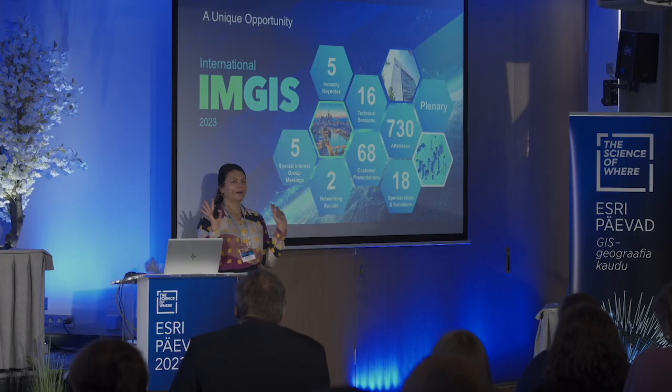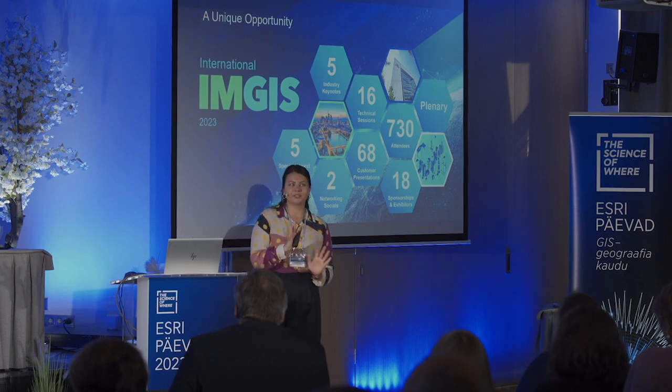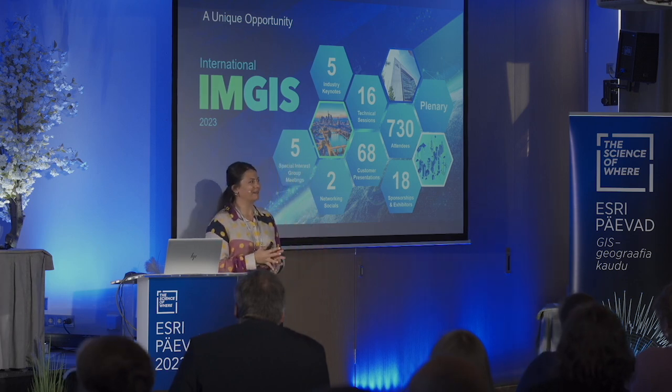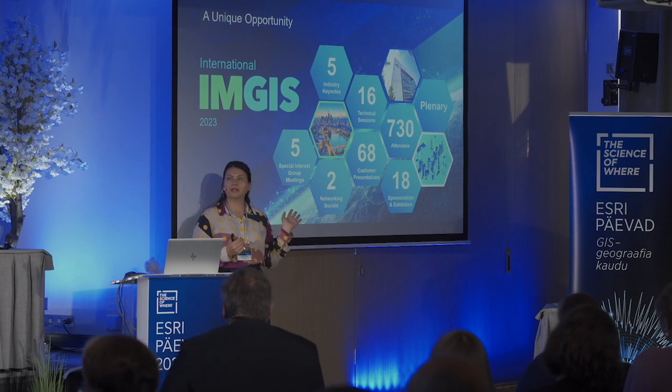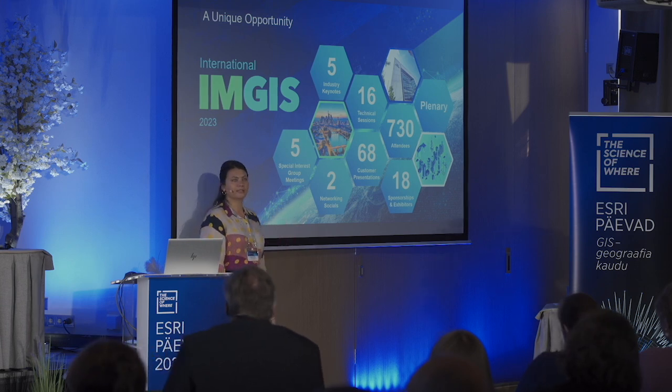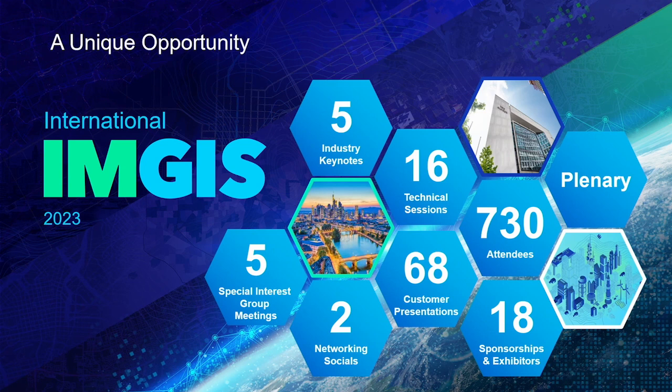Now I want to do a little promotion. Last week, we were at the International IMGIS conference. This is the first conference that took place in Europe from the Esri infrastructure management standpoint. We usually have this event in Palm Springs in the US, but this year we recognized that there are so many users in Europe who can benefit that we held the first conference here.